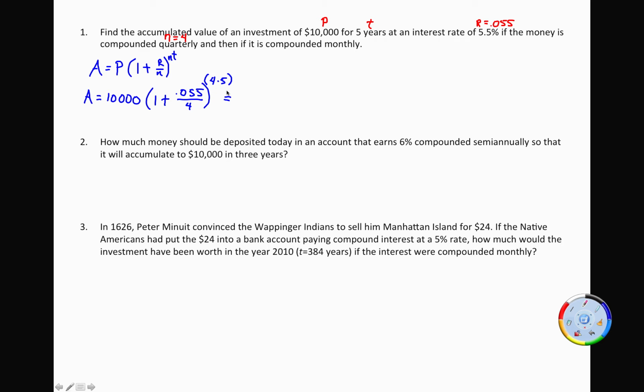And now, all I do is plug that into my calculator. So I'm going to grab my calculator. Put 10,000, open a parenthesis, 1 plus 0.055 divided by 4, close my parenthesis, find my exponent, and by the way, you may be looking for what's called a caret, or y to the x.